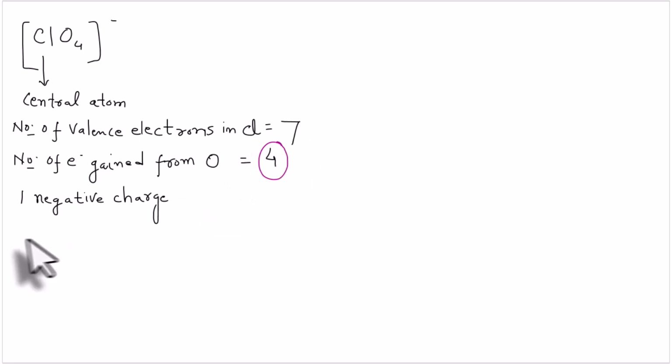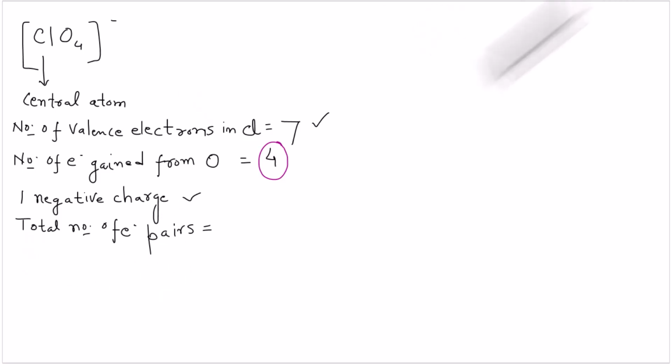And then for the total number of electron pairs, we will add up only the valence electrons in Cl and one negative charge. And that will be 7 plus 1 divided by 2. 8 divided by 2 is 4. Okay, so the total number of electron pairs is 4. Now, how many bond pairs?